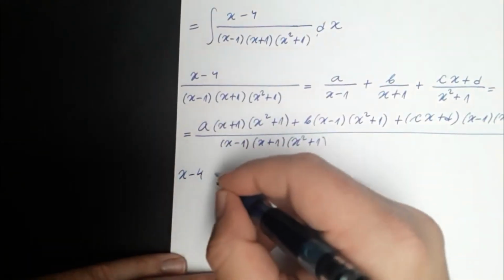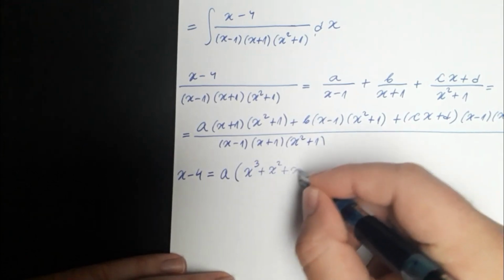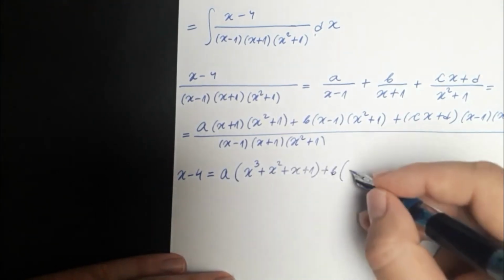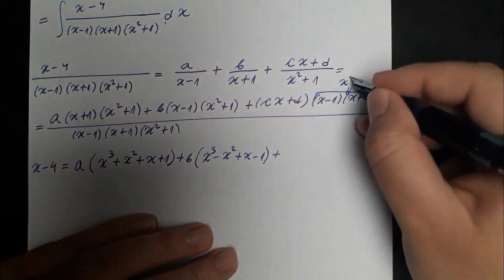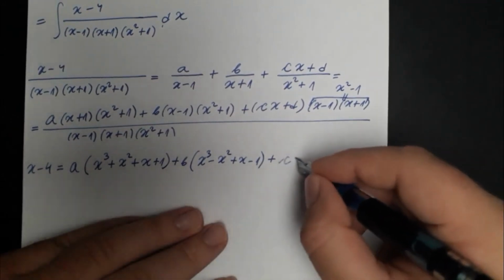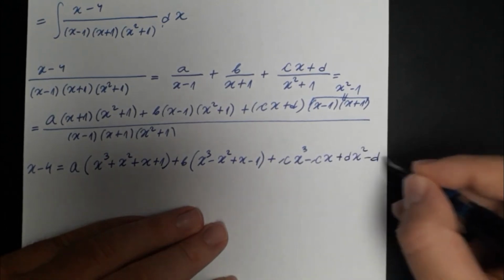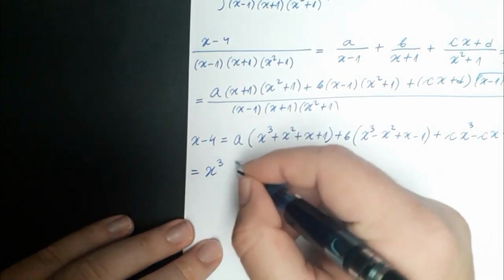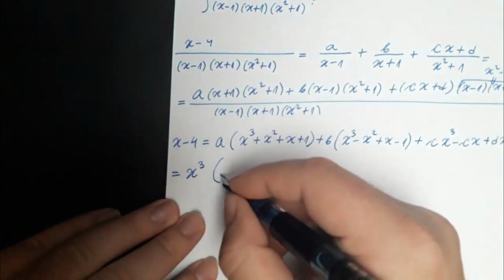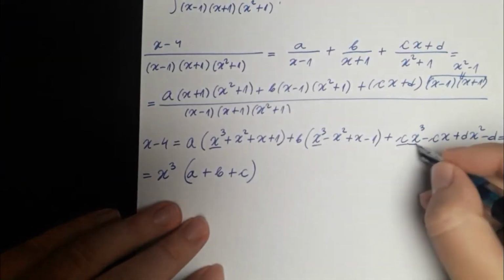So x minus 4 is equal to A times x cubed plus x squared plus x plus 1, plus B times x cubed minus x squared plus x minus 1, plus, this is equal to x squared minus 1, so we get Cx cubed minus Cx plus Dx squared minus D. That is going to be equal to x cubed, and in parentheses we have A plus B plus C, basically this part right here.